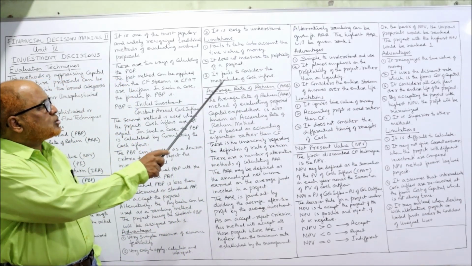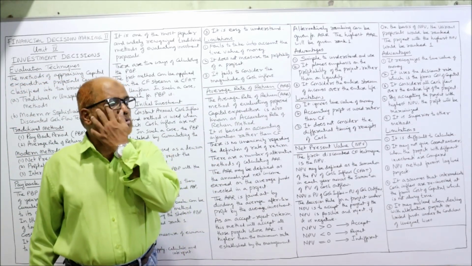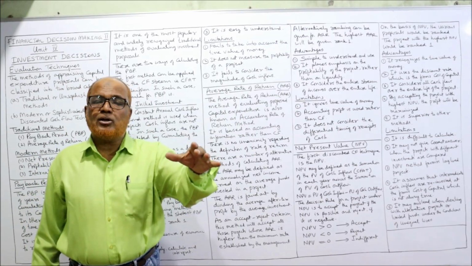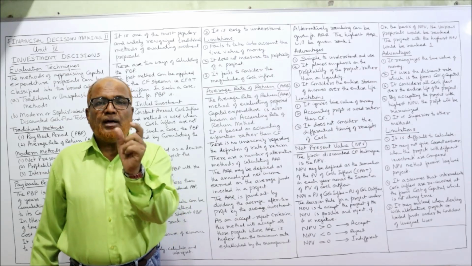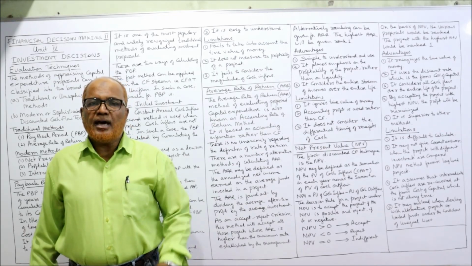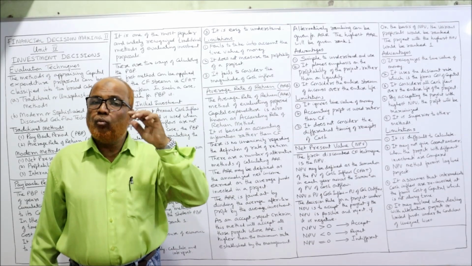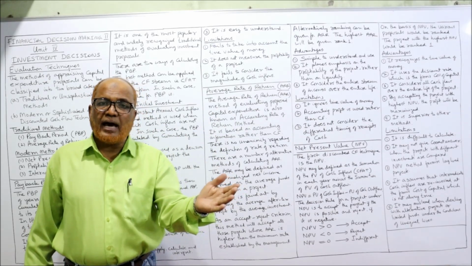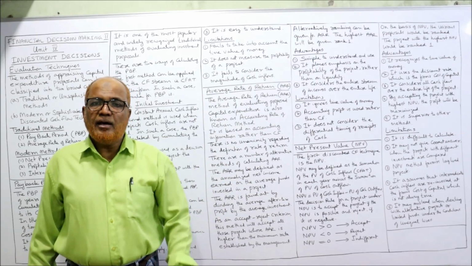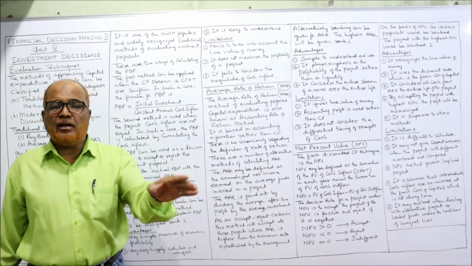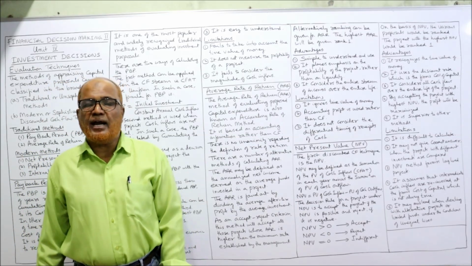Third limitation, it fails to consider the magnitude of cash flows. It considers only how many years it will take to get back our investment. The magnitude of return is not considered. For example, one project gives more cash inflows in the beginning years and less in later years. Another project gives less cash inflows in the beginning and more at the end.